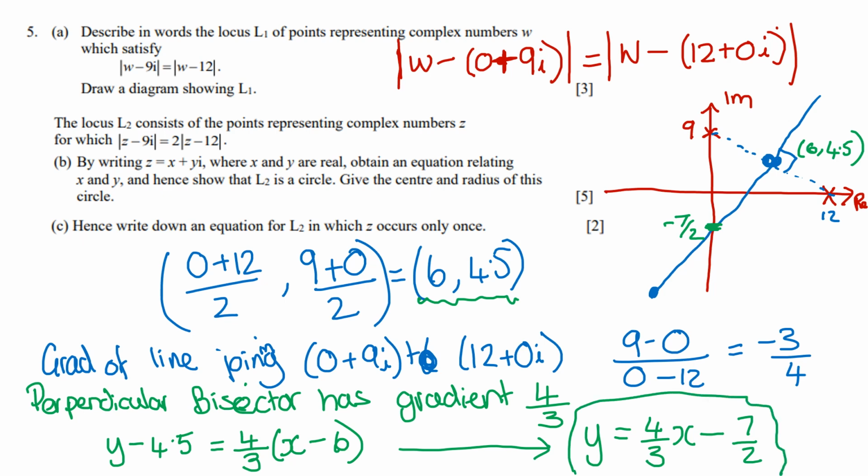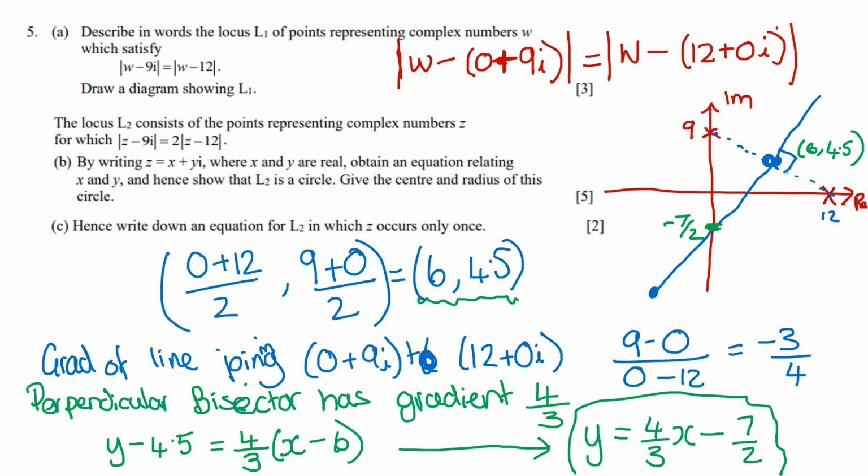Next thing, the locus L2 consists of the points representing complex number z, for which that is that. So it's very similar to the one above, except there's a 2 in front of the other. So that basically means that Z, who we'll call Zebedee, let's put him on the diagram as well.